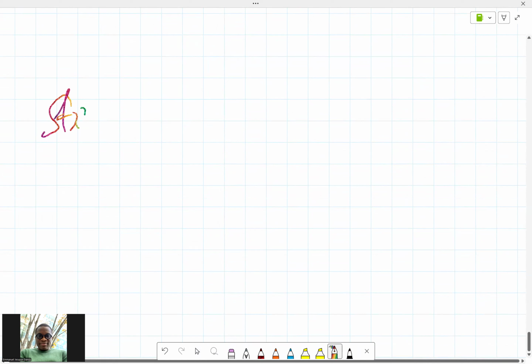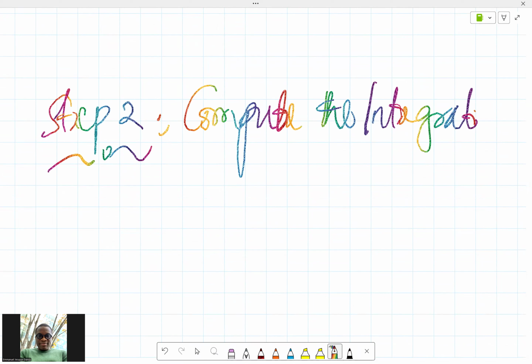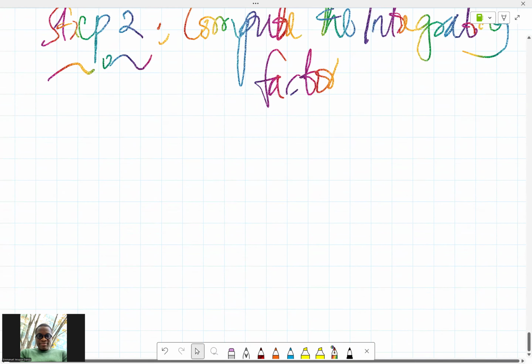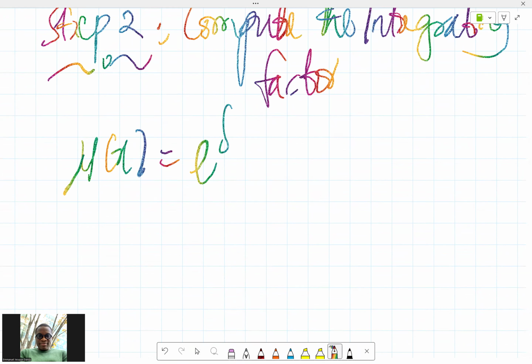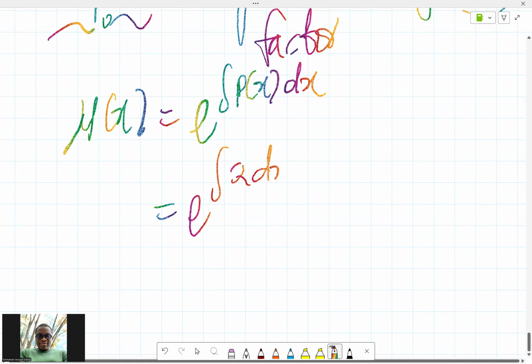In step 2, you compute the integrating factor. That means you have mu(x) = e^(integral of p(x) dx). Since p(x) is 2, you have e raised to the integral of 2 dx.